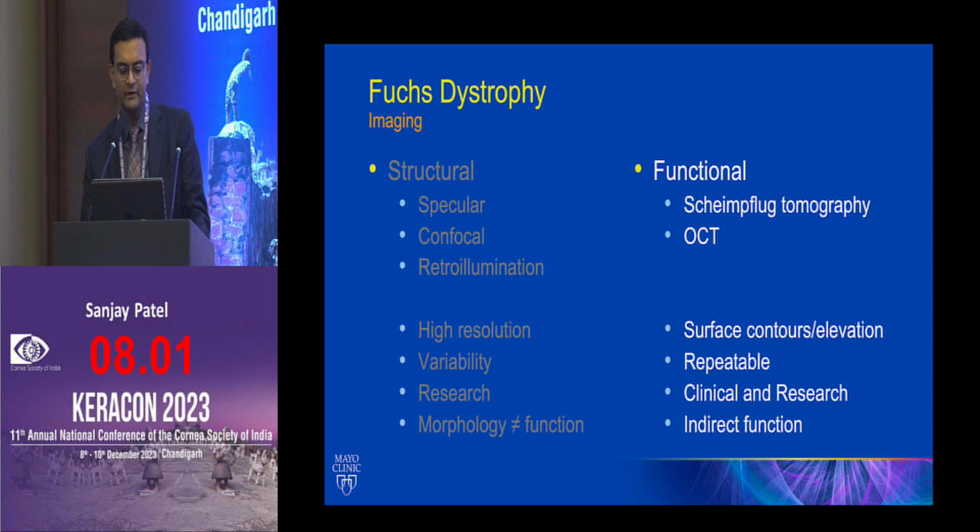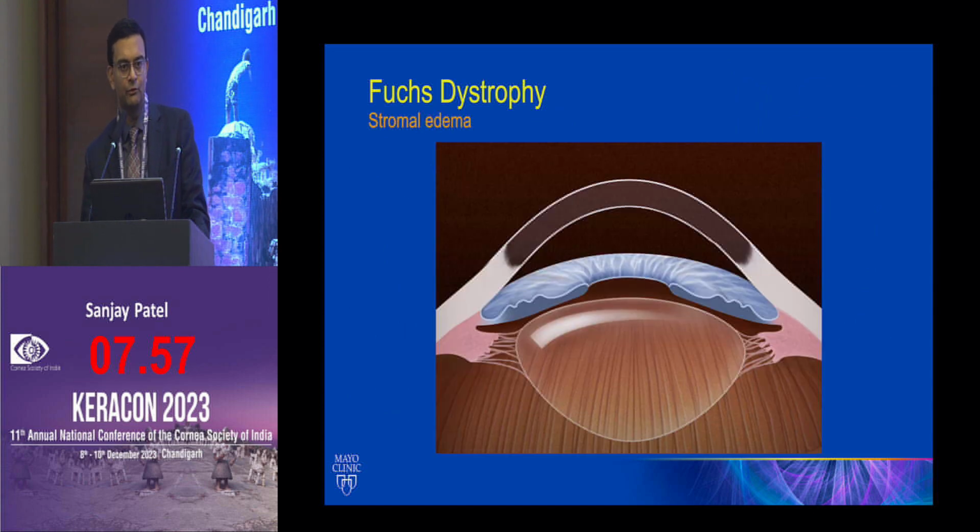So functional imaging, I think, is very important, and it's just worth thinking about the basic form of corneal edema in Fuchs dystrophy. So in a normal cornea, you are not going to see edema at the slit lamp because it's not there.